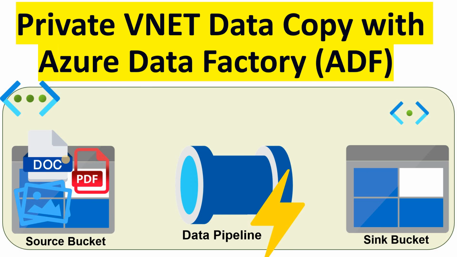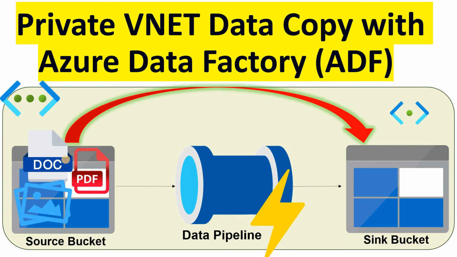That is, we're going to create a data copy pipeline in ADF, Azure Data Factory, which will copy the source bucket blob data to the sink using this data pipeline that is encapsulated within the private network. And finally, we see that the data from the source bucket will be copied into the sink bucket using the private VNet, or basically the Azure backbone network, which is a secure approach of transiting the data from source to sink. So let's see how we can establish this particular lab session in this video now.